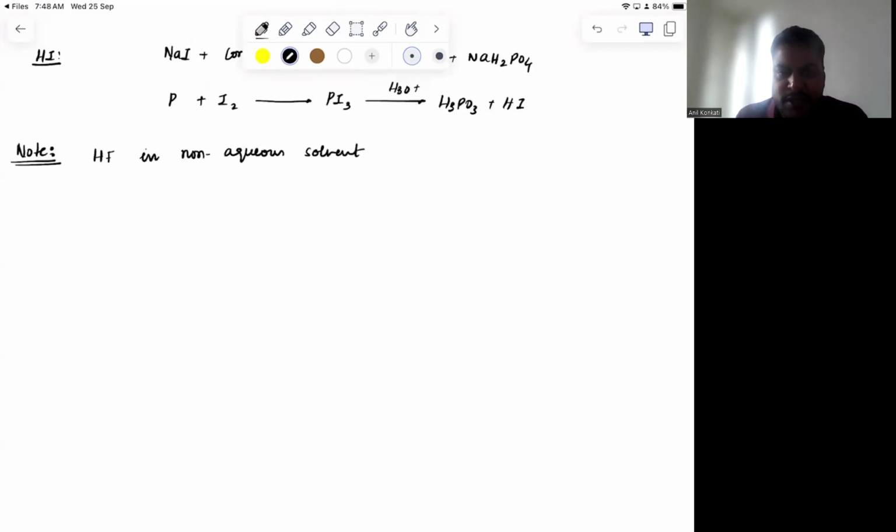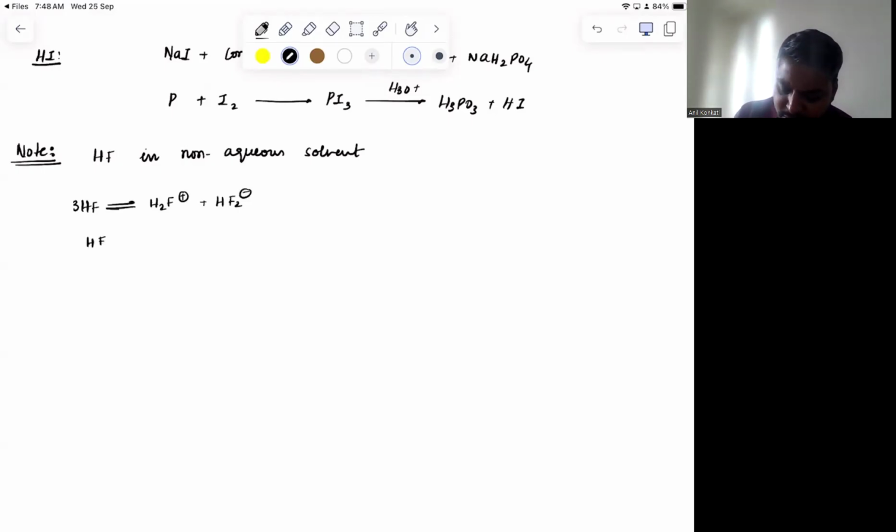Let us see. If you have 3HF, it will become H2F+ and HF2-. This is how the ionization will take place.